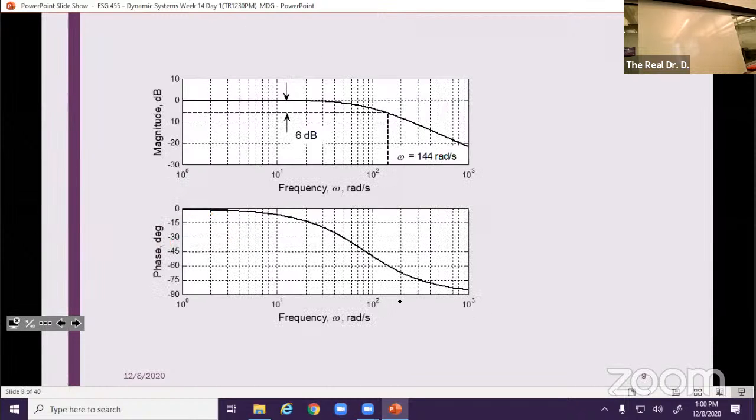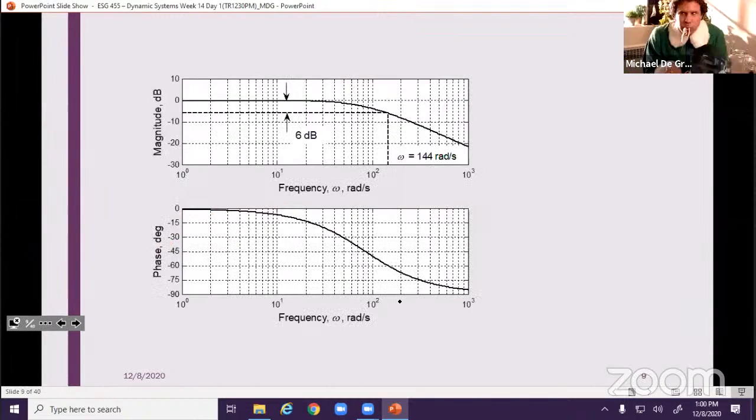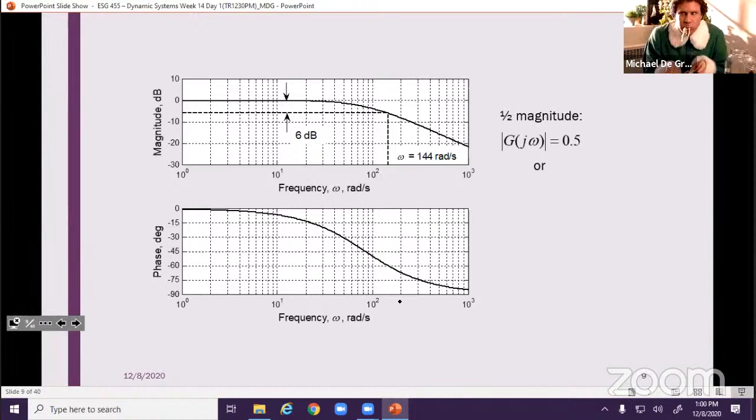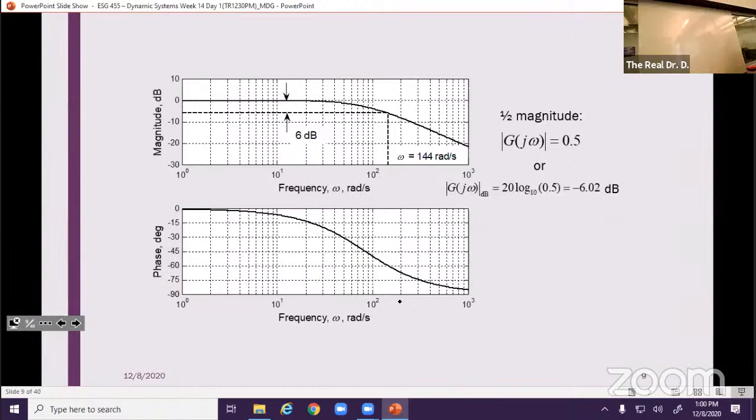Here's the Bode plot. We were told that we had 1/2 magnitude, which we all established is G of j omega equal to 0.5. Remember, if we're talking about a Bode plot, we've got to convert this to decibels, which is negative 6.02 decibels. So you take the DC gain and you subtract 6.02 decibels from it.